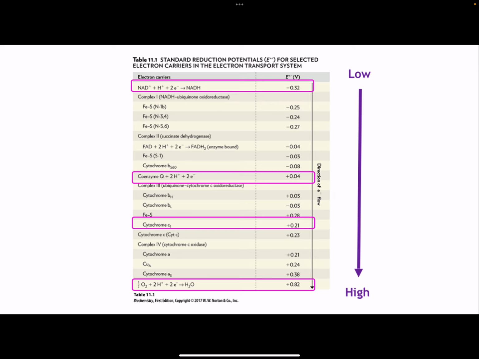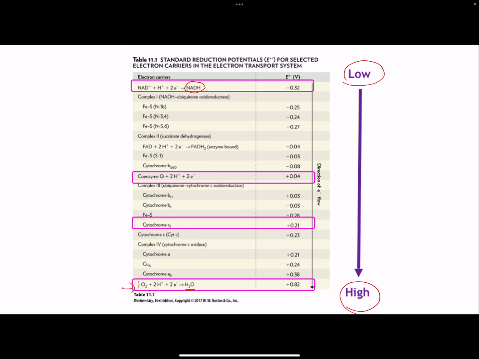So the standard reduction potentials, this is a table that shows us the electron carriers in this electron transport system. And if you look at this carefully, you can see as we go from the NAD+ to NADH, all the way to our oxygen that's going to then be converted into H2O, there's going to be a low to high trend here.